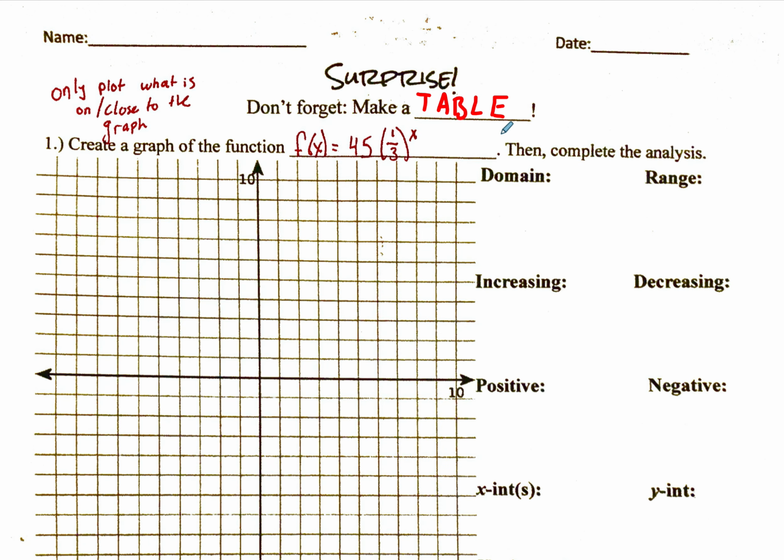Now, what we know is that any exponential function will follow this form: f of x equals a times b to the x minus h, plus k.